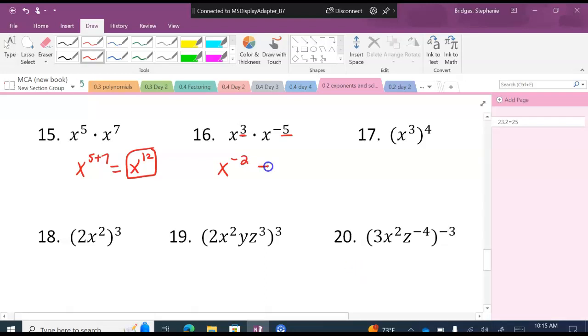X to the negative 2 becomes what? 1 over x squared? Is everybody okay with that? Kind of. We're taking this x right here. It is in the numerator if you think about it. So to make that exponent positive, we have to move it to the denominator.